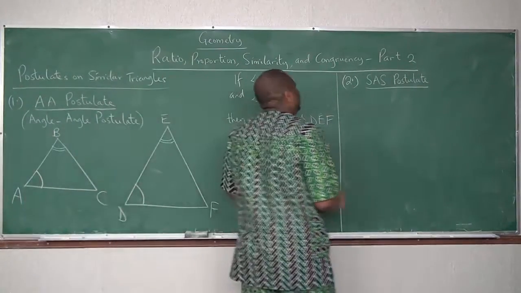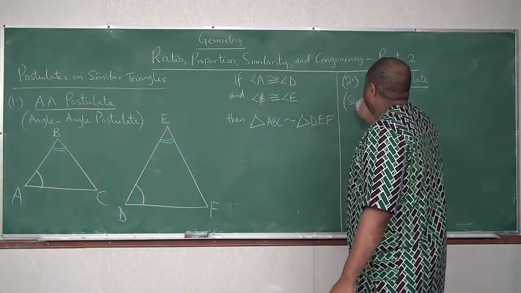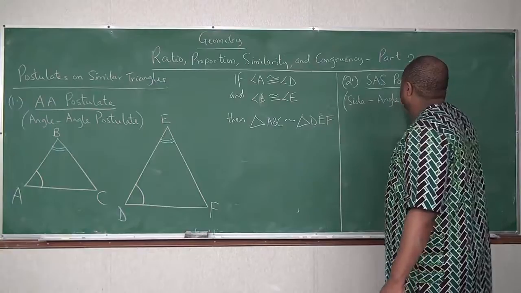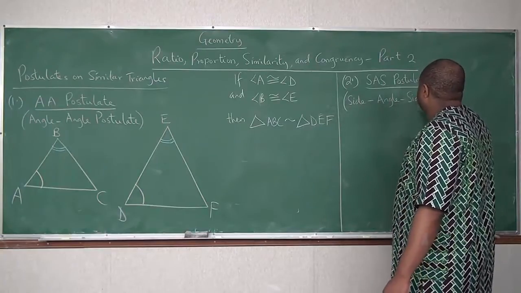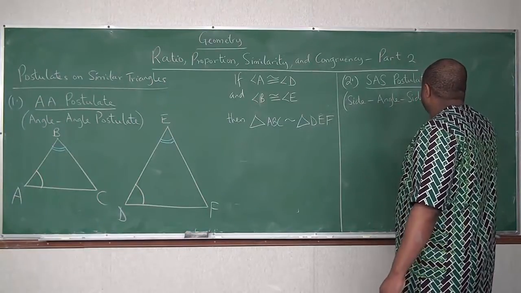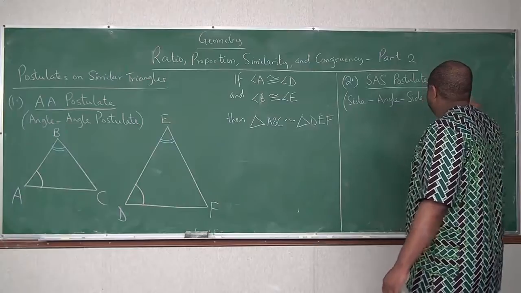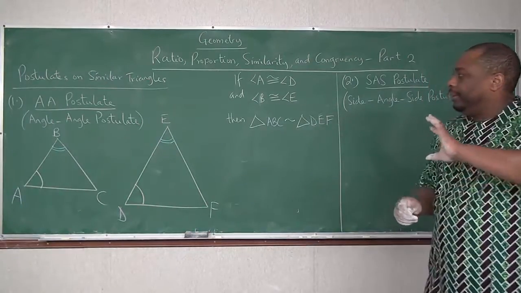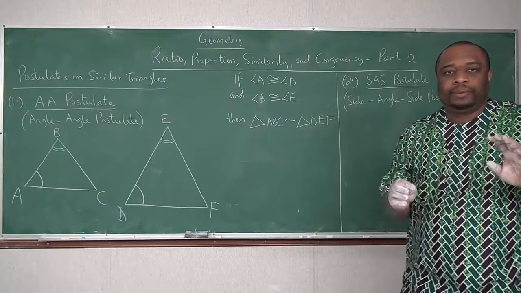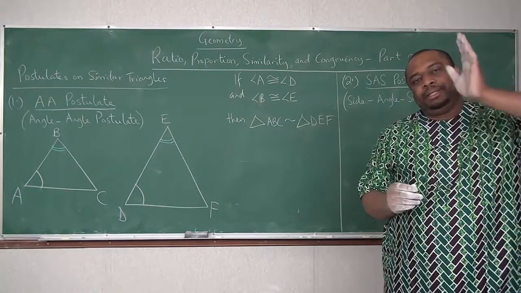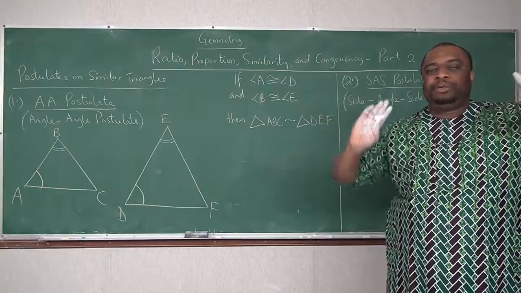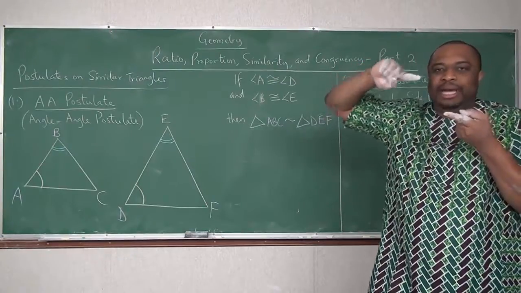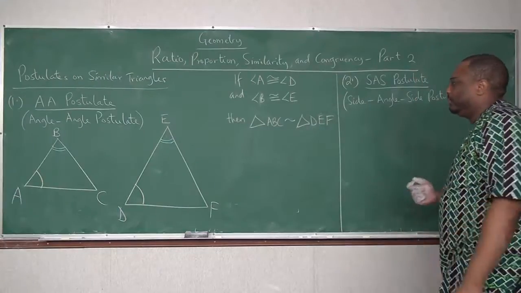So you have a side, you have an included angle, then you have another side. With this one, we look at two sides of a triangle, and it has to have an included angle, and it's what we call an included angle.